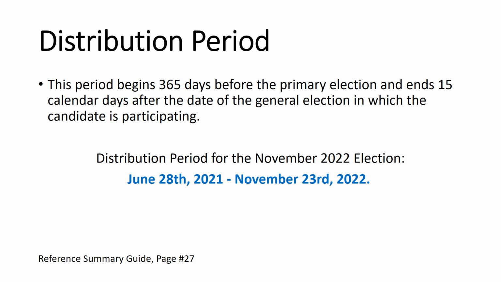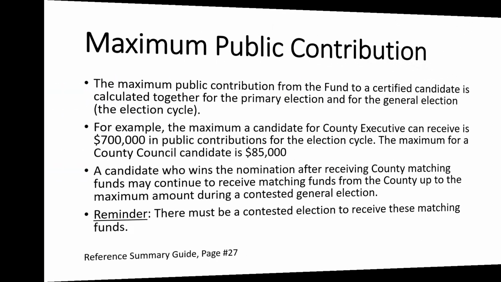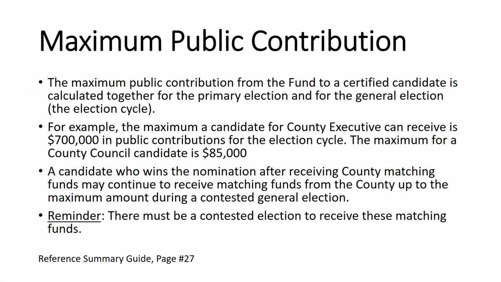Please visit the Howard County Citizens Election Fund website for a complete list of campaign finance reports for the 2022 election cycle, which includes the adjustments to account for the mandatory reporting deadlines. The statutory maximum public contribution a certified candidate can receive is calculated together for the primary election and for the general election.